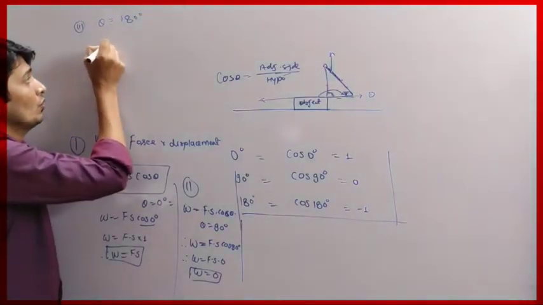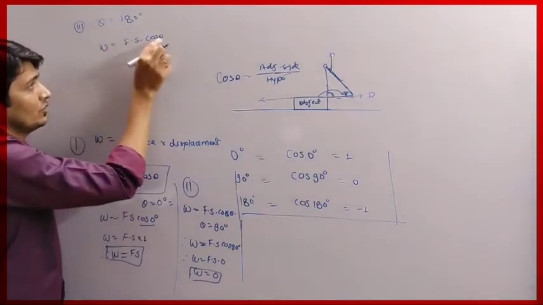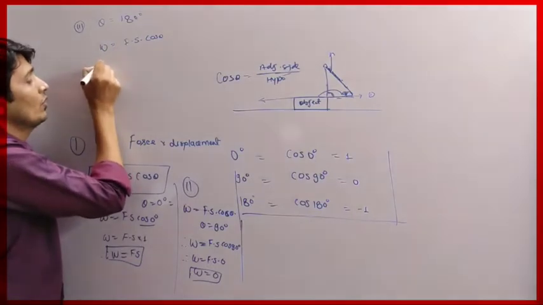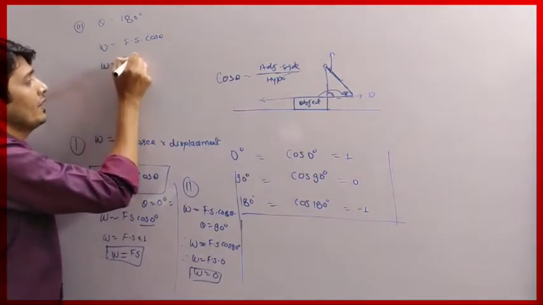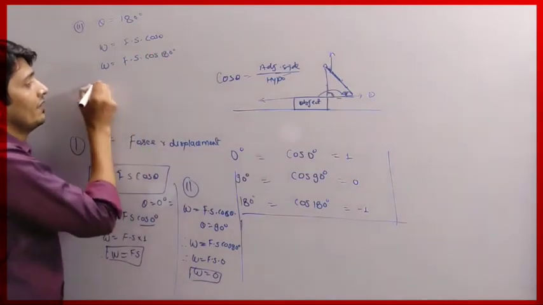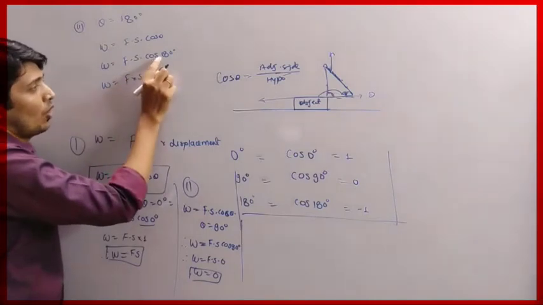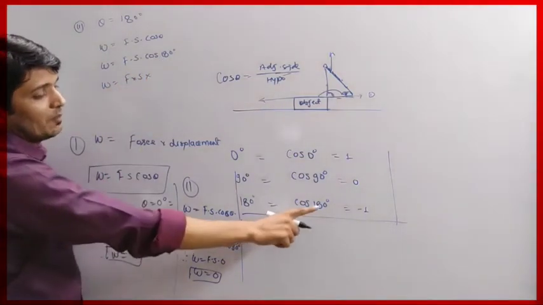So we know work done equals F into S into cos theta. So theta is 180 degrees. Therefore W equals F into S into cos 180 degrees.